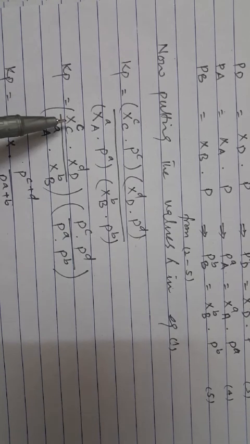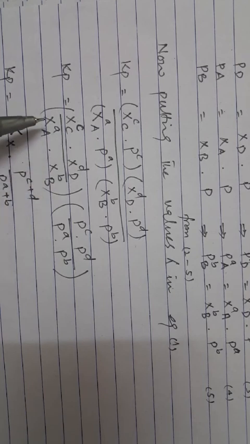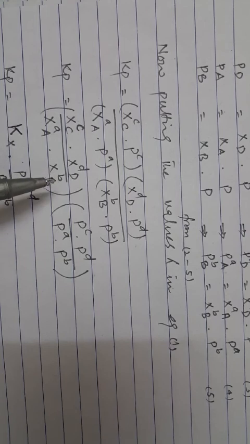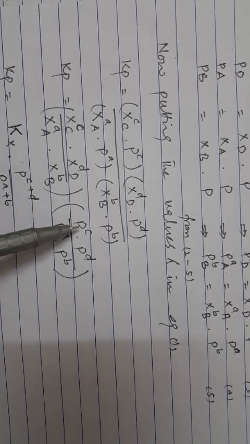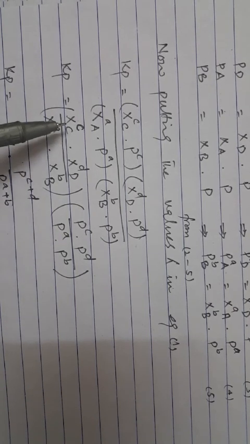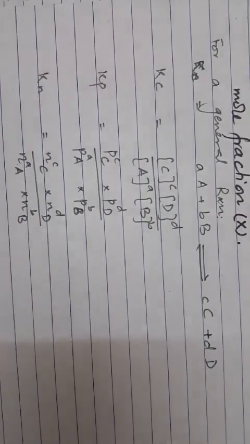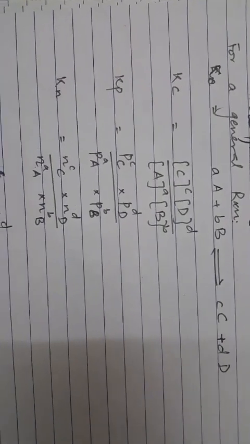So Kp is equal to mole fraction of C power c into mole fraction of D power d divided by mole fraction of A power a into mole fraction of B power b, multiplied by pressure power c into pressure power d divided by pressure power a into pressure power b.